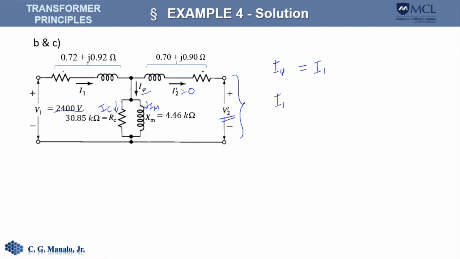We can compute I sub 1 by dividing the applied voltage, which we assume to be at angle 0 degrees, by the total impedance, which is this one, plus the parallel combination of R sub C and X sub M.